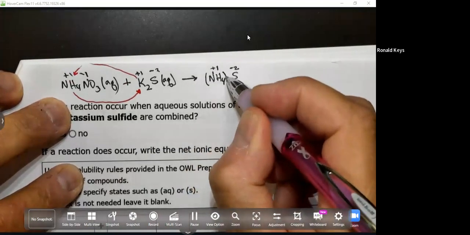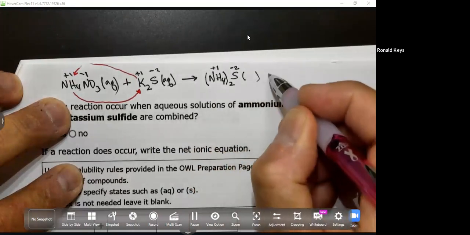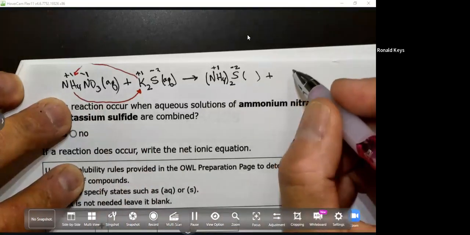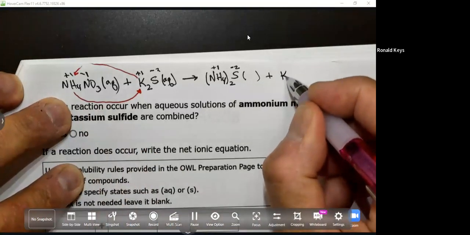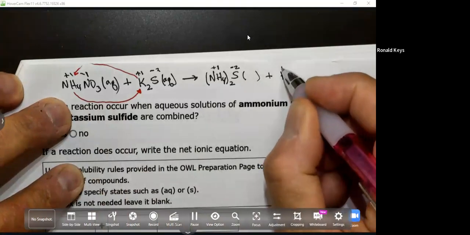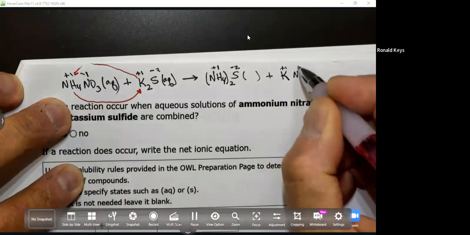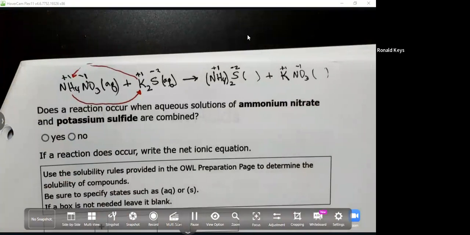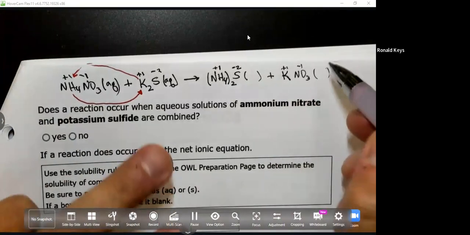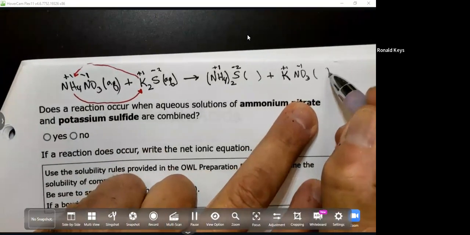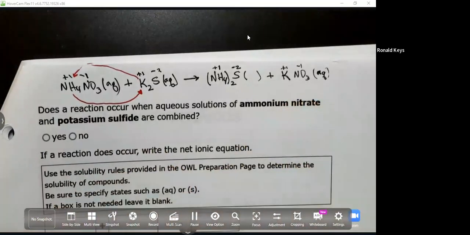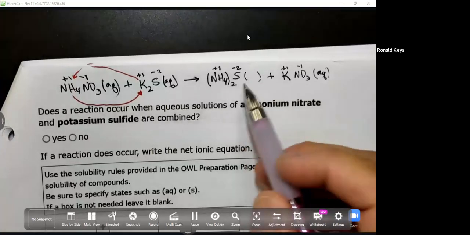So we're going to need 2 ammoniums, plus potassium takes the place of ammonium, +1 and NO3 -1. Can I put AQ here? Heck yeah. It starts with potassium. AQ. So now you can look back, is ammonium sulfide going to be a solid?